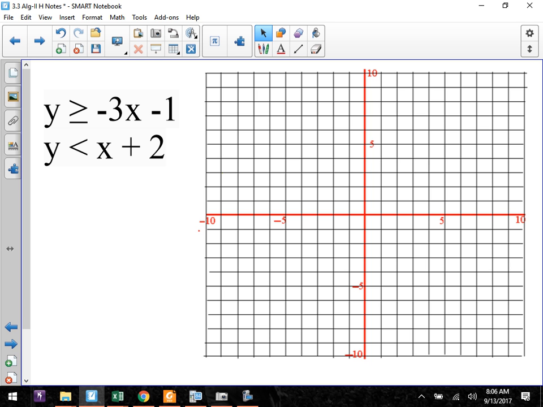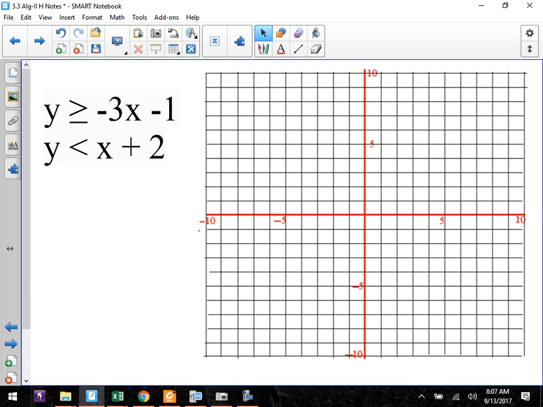All right, this one is given to you in slope-intercept form, which means it changes the way that you graph it. So when you graph things that are in slope-intercept form, where do you start your graph? Y-intercept, very good. So on the first one, what's your y-intercept? -1. What's your slope? -3. So if your slope is -3, what's the first step to do? Down 3 over 1. What direction are you going over, left or right?